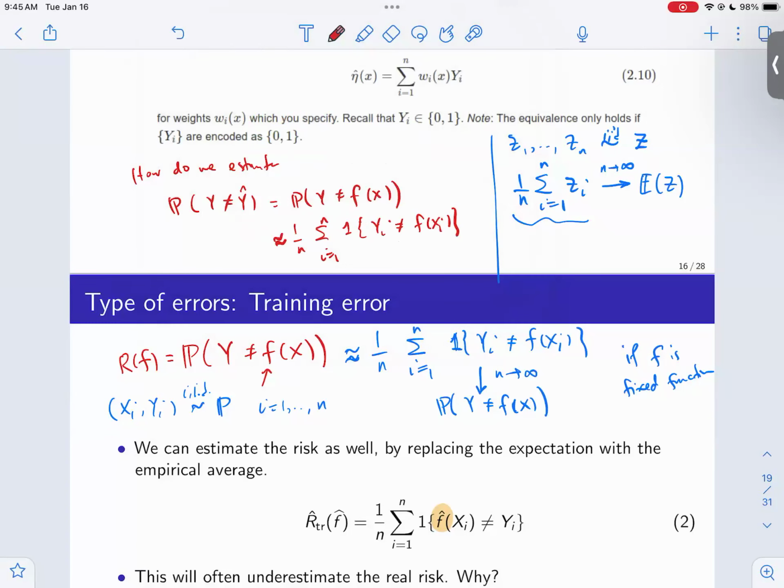These are Bernoulli variables because they're indicators. So this is an empirical average of a binary variable, a sample average, and the Zi's are independent because the xi, yi pairs are independent. So this converges to the expectation of, say, Z1.